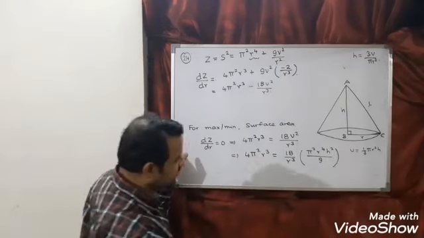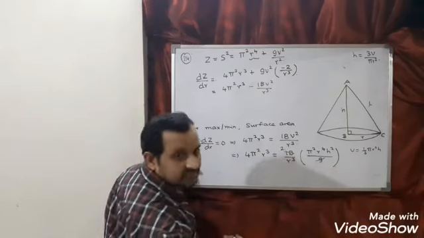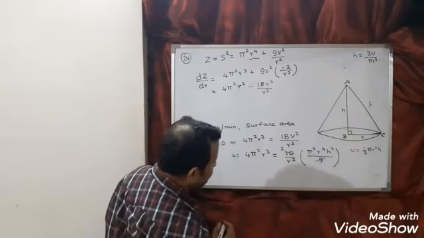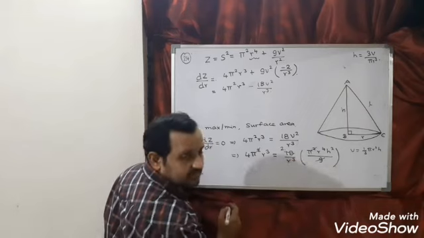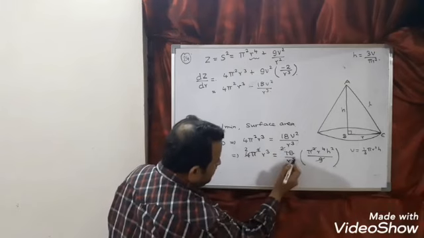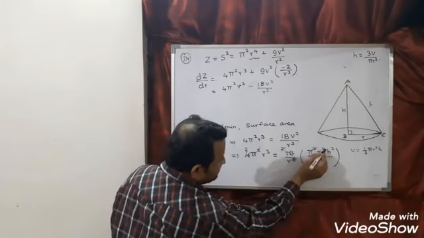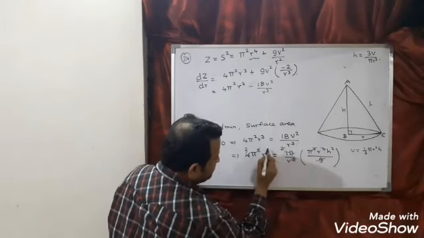Now solve. So 9 means here 2 will come. Here pi square cancels. Now 2 comes here, and r cube means r is there, so 2 comes there.